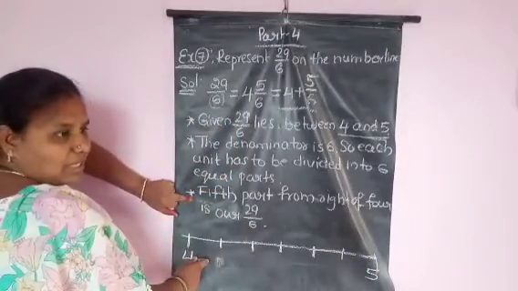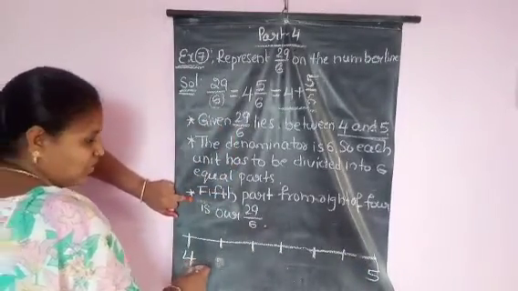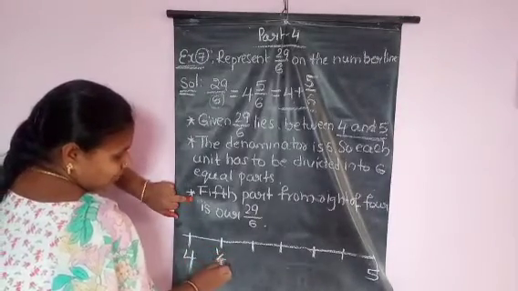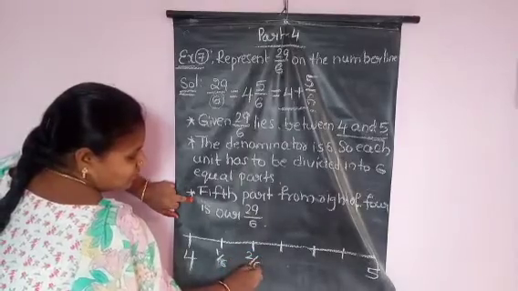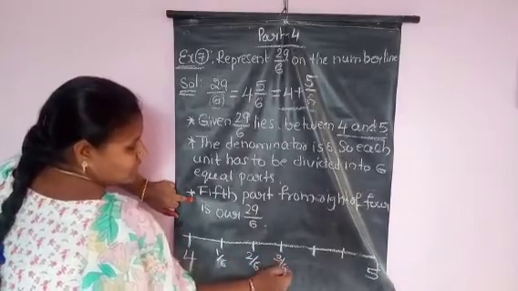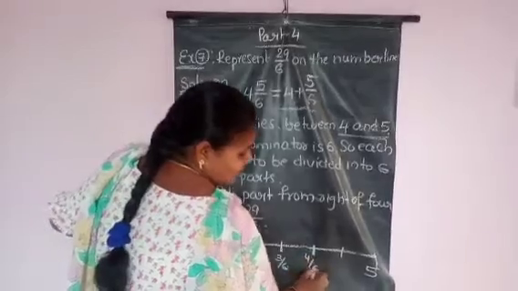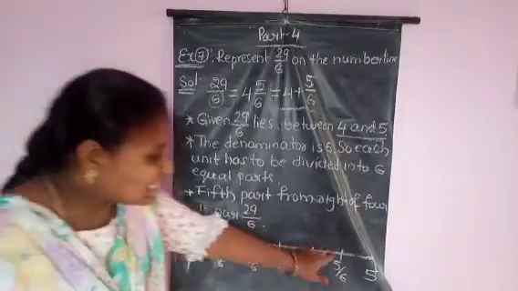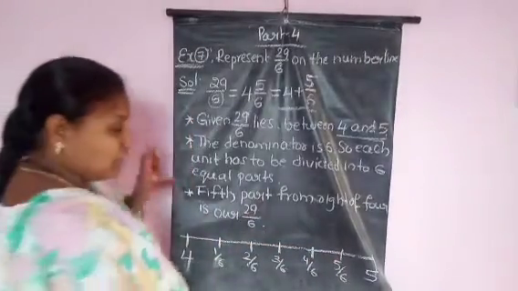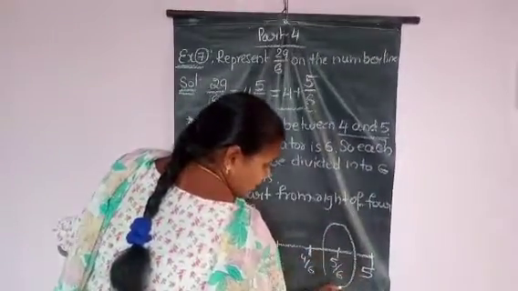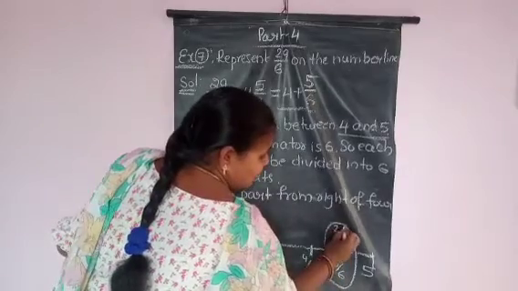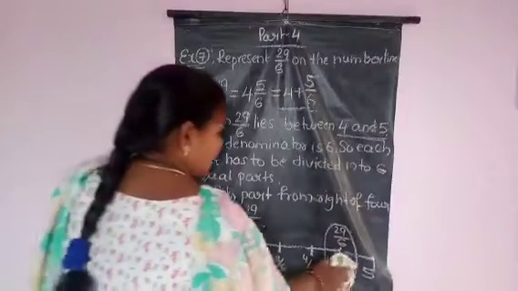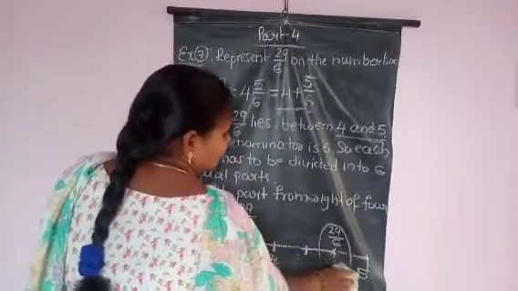From the 6 equal parts, the first one is 1 by 6, 2 by 6, 3 by 6, 4 by 6, 5 by 6. That is 4 plus 5 by 6. So this is our location of 29 by 6.